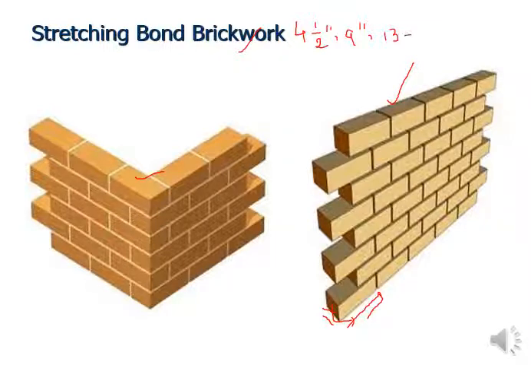13.5, multiple of 4.5, and then comes 18 inches. Okay, and so on. So usually in homes the walls are from 4.5 to 13.5. Okay, generally. So for the partition walls, for the parapet walls, for the boundary walls, 4.5 inch is placed.